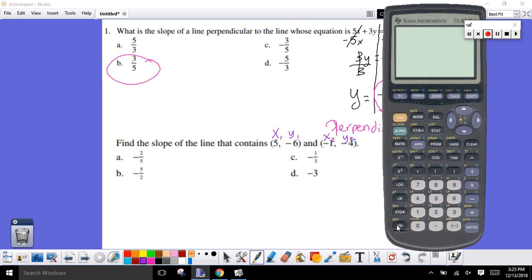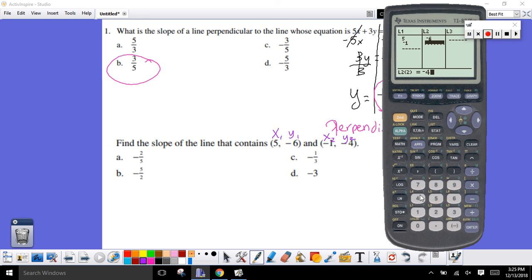I am going to turn it on, and go to my stat function right here. I'm going to select edit. Your x's are going to go in list 1, so that means I'm going to put a 5, enter, a negative 1, enter, and then I'm going to move to the right side for list 2, and put the y's here. So that means a negative 6 and a negative 4.